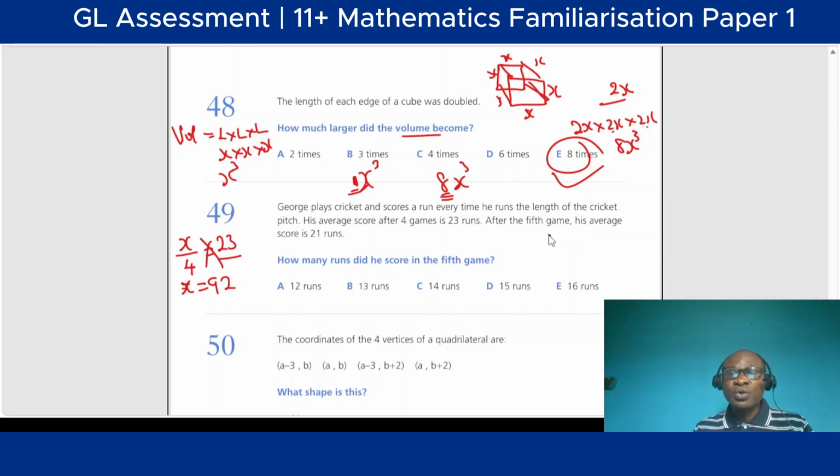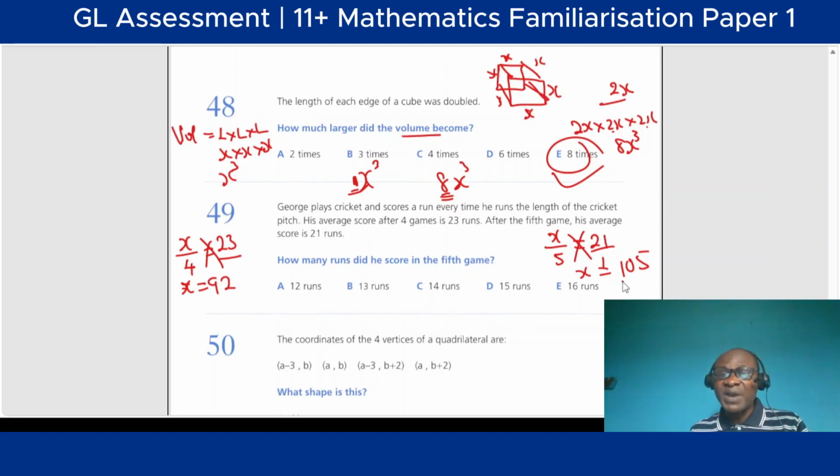So the total score when he plays 5 games divided by 5, the average was 21. We can do the same thing to know the total. That means that 5 multiplied by 21 will give us 105, the total for 5 games. And the question says, how many runs did he score in the fifth game?